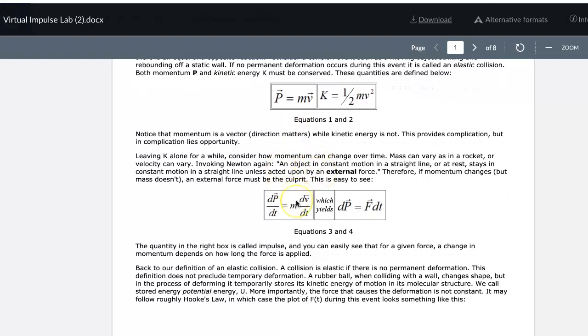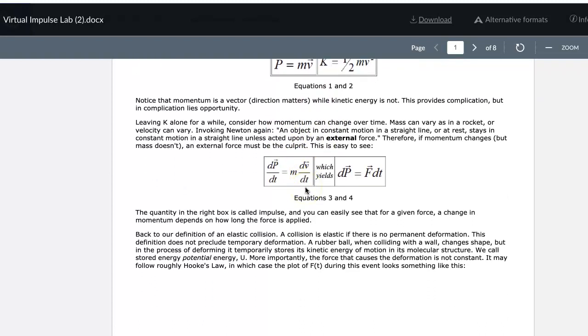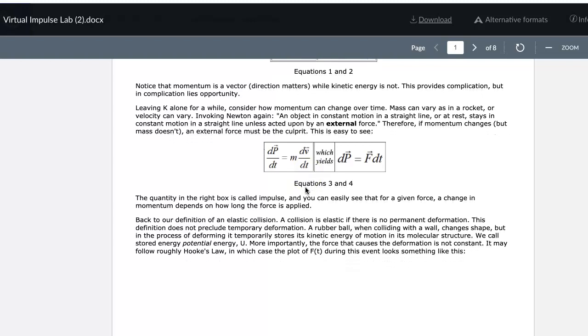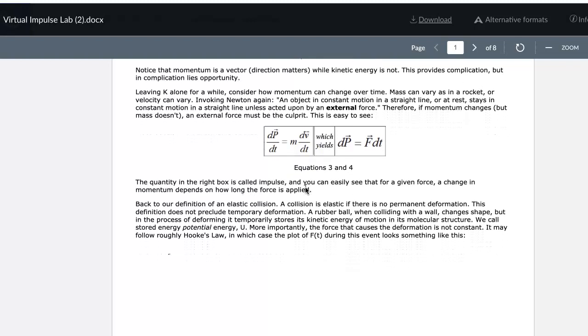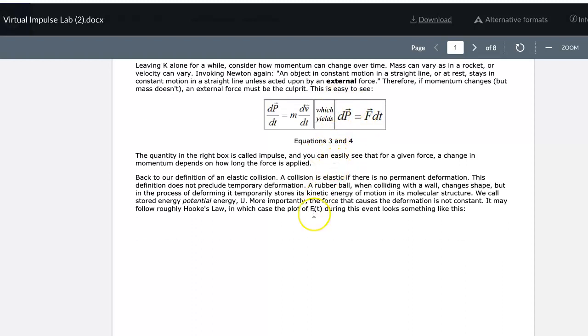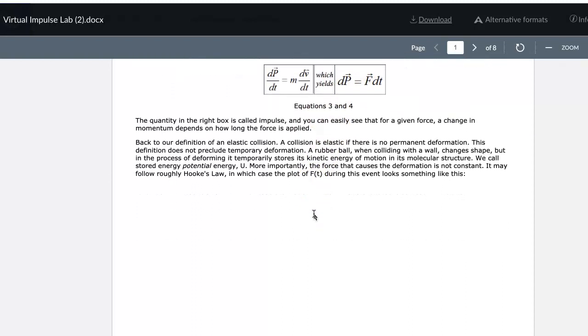We also know that when we don't have any external forces acting on the system, then sigma F equals 0, and we can say there will be no change in the momentum.